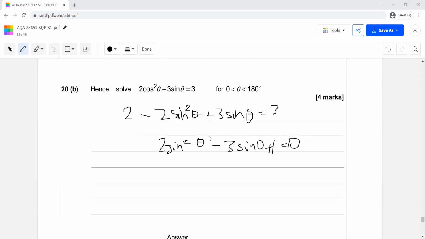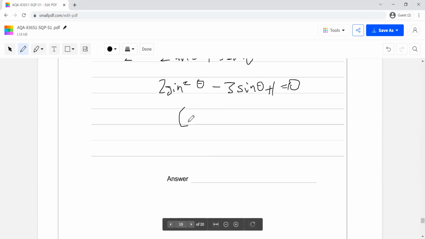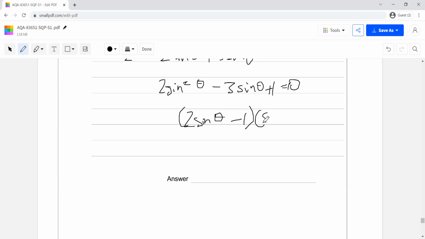So we will have, let's see, (2 sine theta minus 1)(sine theta minus 1), sorry. So sine theta is a half or 1. And when is sine theta a half?